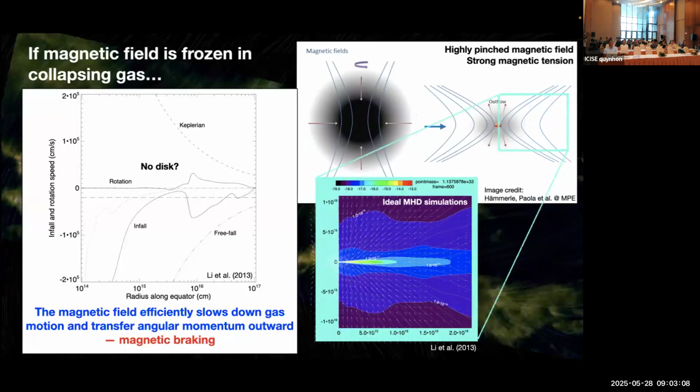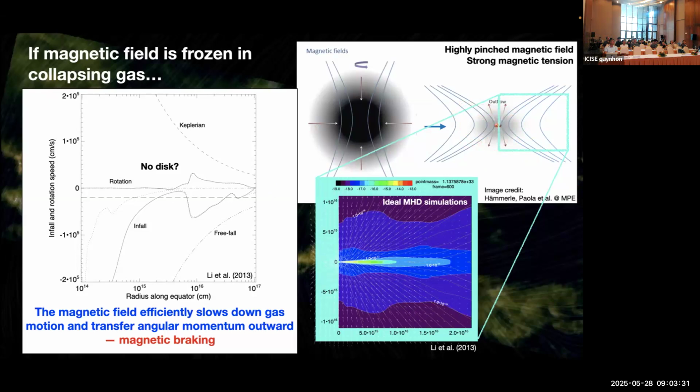So in an extreme case, if the magnetic field is frozen in gas, this process can be very efficient. We will have a lot of magnetic flux dragged towards the center, accumulating there, forming a very strong tension force, efficiently slowing down inflow and removing angular momentum.